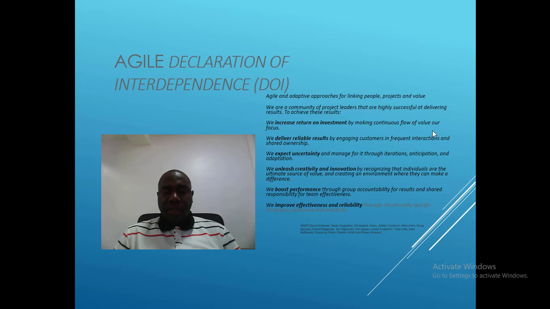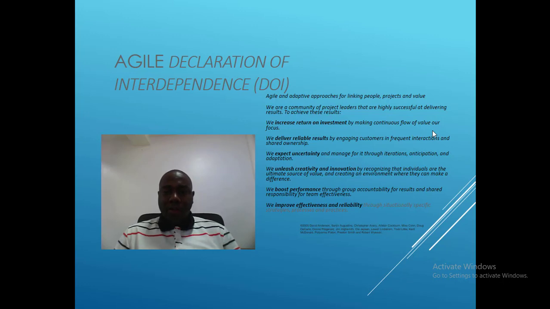We unleash creativity and innovation by recognizing that individuals are the ultimate source of value and creating an environment where they can make a difference. In Agile Project Management, an enabling environment is given to motivated individuals so that they can be creative and innovative, so as to deliver value.